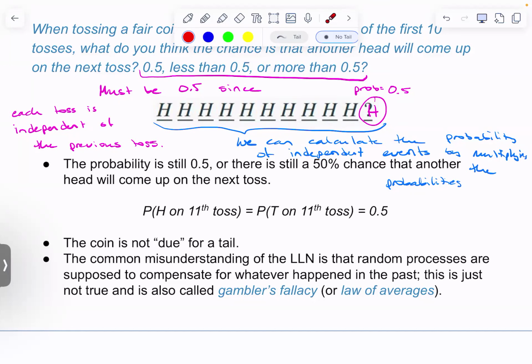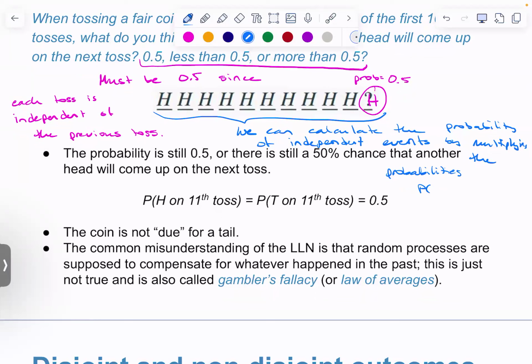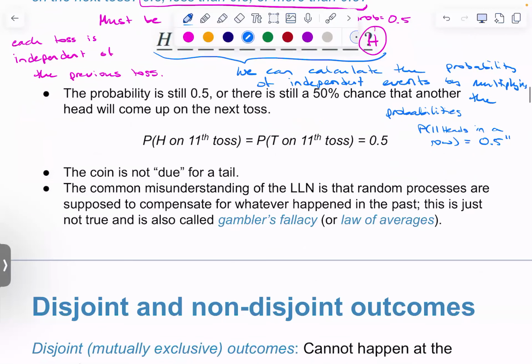So the probability of 11 heads in a row is 0.5 to the power of 11, which is 0.00048828125. Small, but not zero.